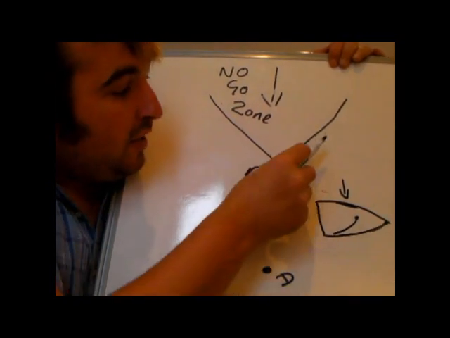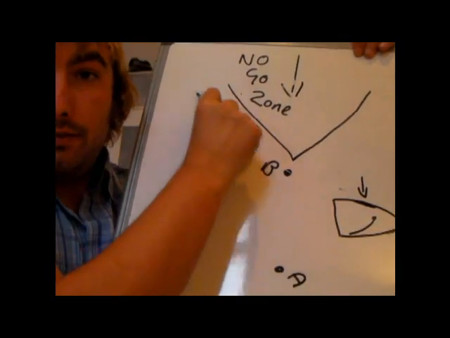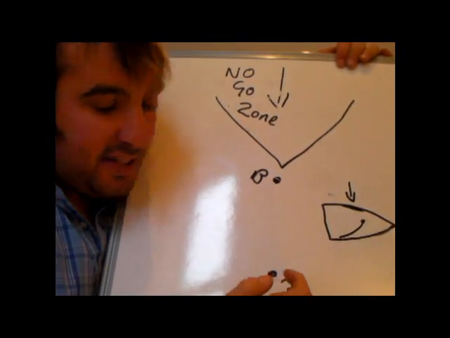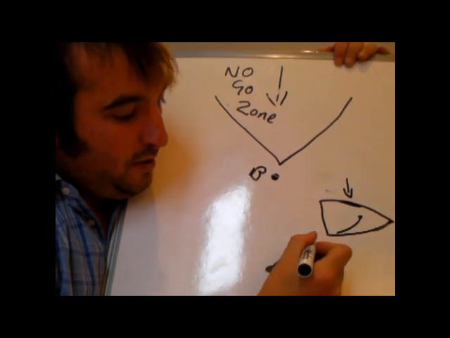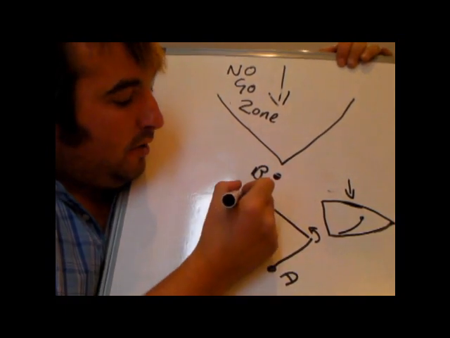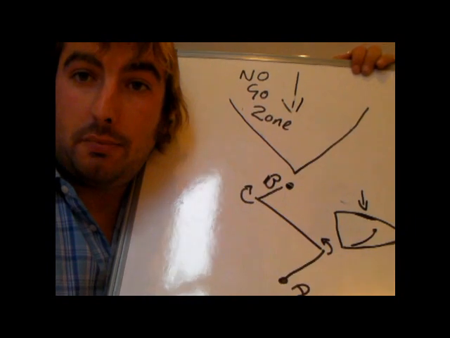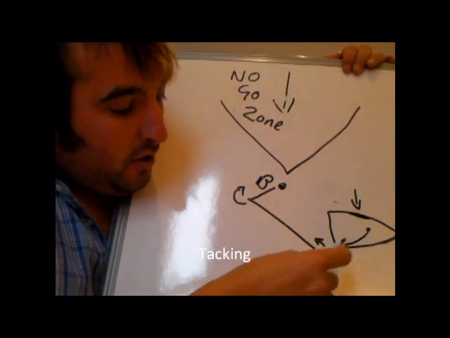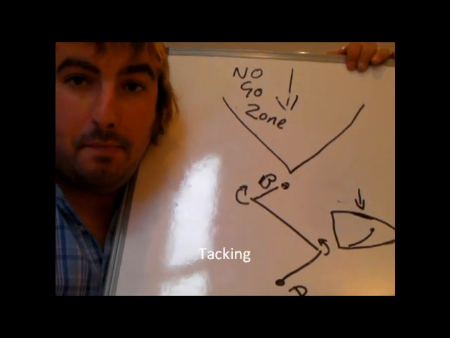But what we can do is sail off at an angle, roughly over here or over here, and make a zigzag course upwind. So we sail off there, pop a turn in, sail off at that angle, pop another turn in, and we can get to our upwind goal point. And this is what we call tacking. Zigzagging upwind is what we call tacking.